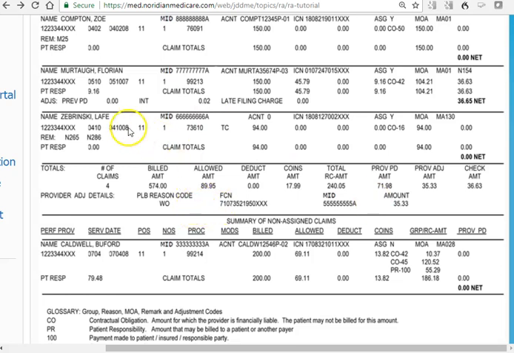All right, we have another denial here, which we would have to look up and identify what the contractual obligation is. This total lets us know that we have received $71.98.